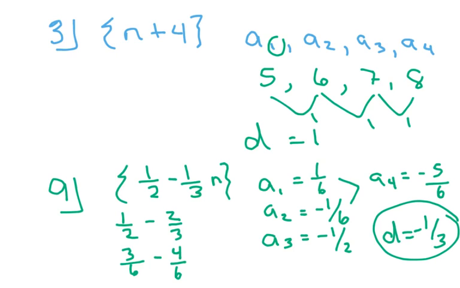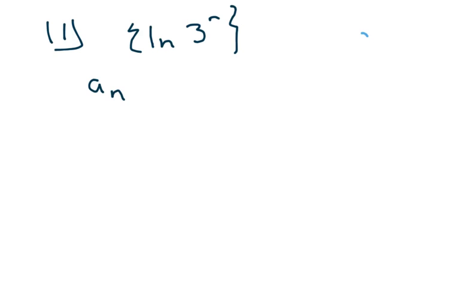All right, let's do one with ln. So let's do 11. 11 states ln of 3 to the n. I'm going to write out the terms. The first term is ln of 3 to the 1, which is ln 3.